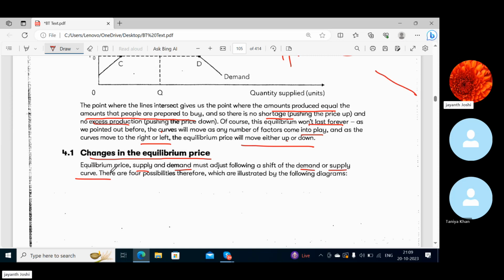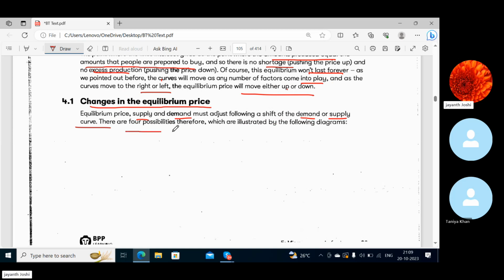If the shift in demand is seen due to changes in other factors, and a shift in supply is also seen due to changes in other factors, then when these two shift, the equilibrium price may also have to adjust. So there are four possibilities, which are illustrated by the following diagrams.